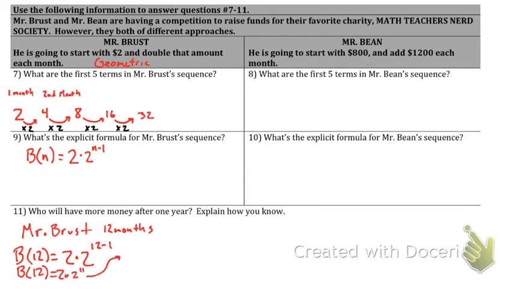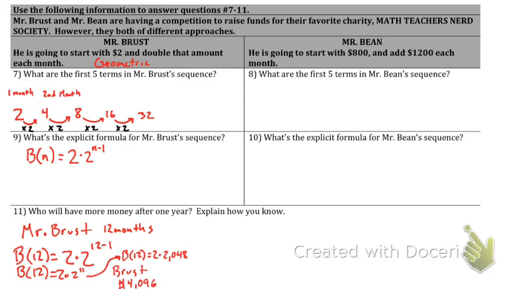And that's going to give me b of 12 equals 2 times 2048. And do that math. 2048 times 2. So after 12 months, Mr. Brust will have $4,096.